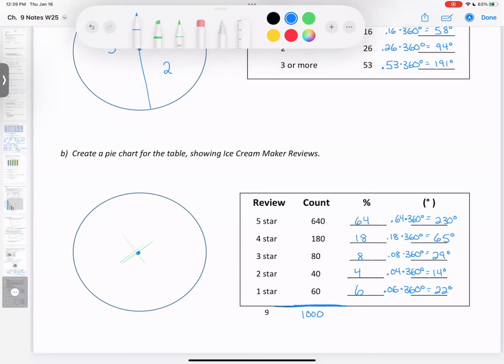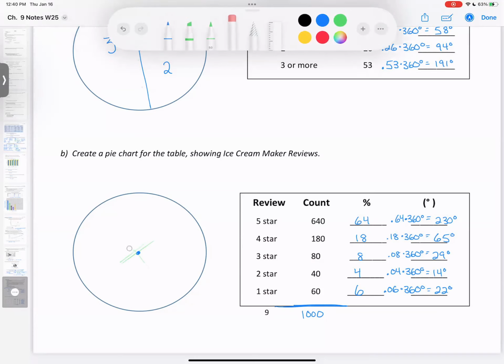And I'm going to start at 12 o'clock for my first wedge. So the first line, like I said before, is kind of somewhat arbitrary. We just start our first wedge. We want that first wedge to have a total number of degrees of 230 degrees.